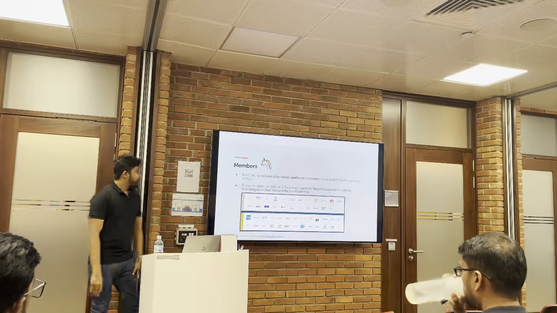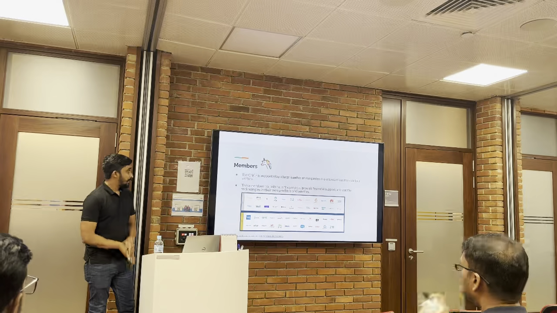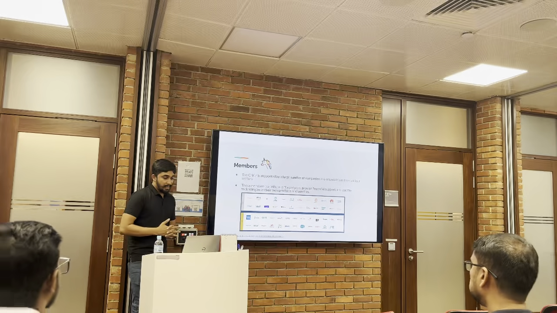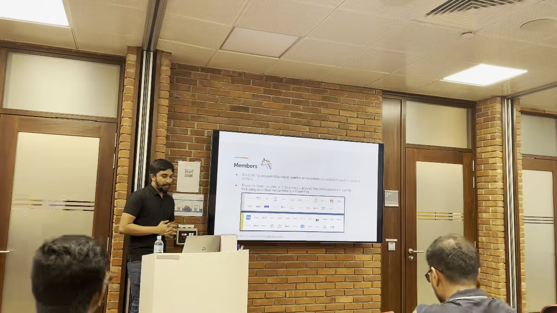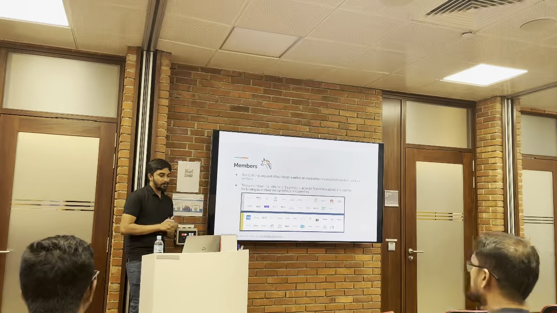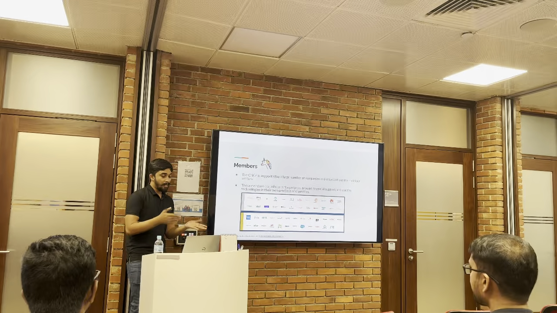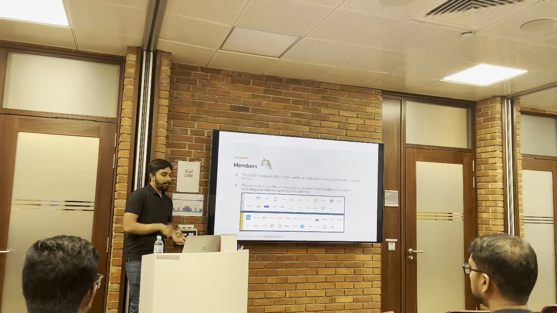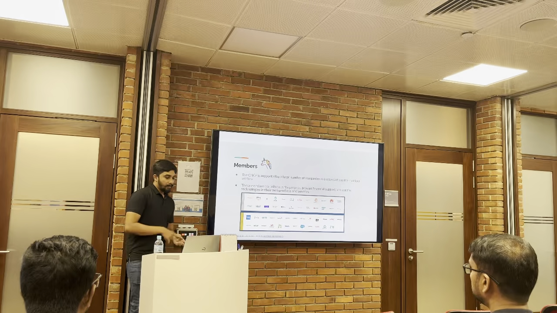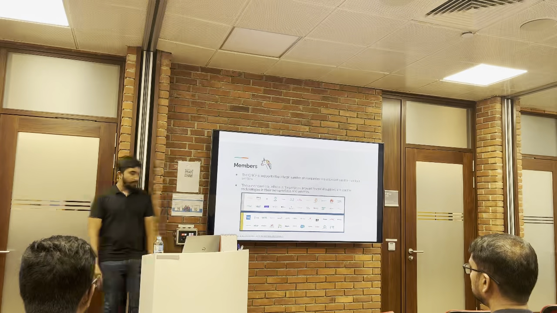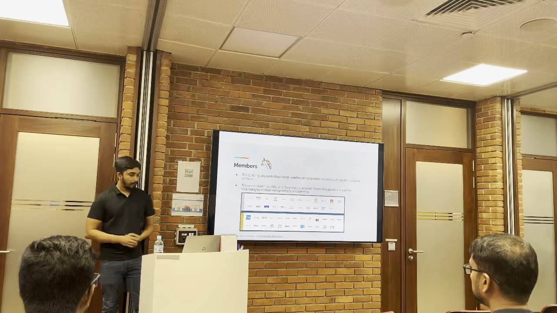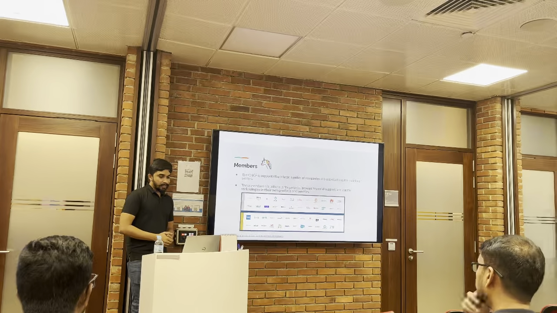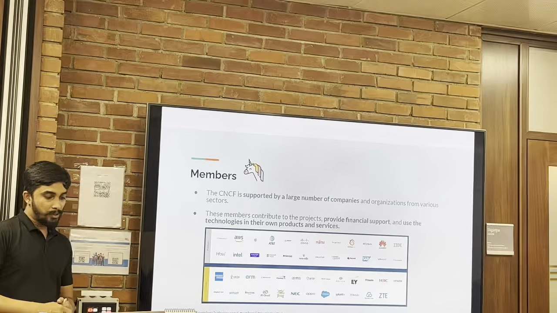So the members of cloud native is something you need to take a look at, because you can get a clear idea of why it is important to get familiar with these tools, because everybody is using them. You can see there are 3 categories of CNCF members: premium, gold, and I think the other one is silver. In the premium stage there are Azure, AWS and so on. They fund these projects, and they use these projects.